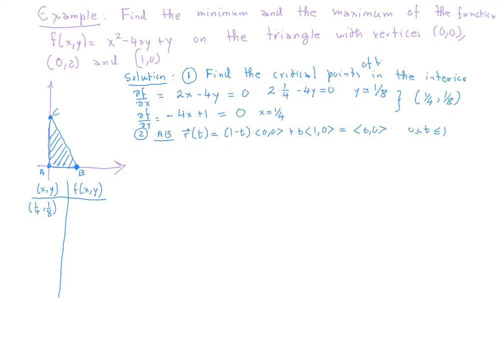And you will see that it will become pretty much our bread and butter when we work with such situations. So now what we're going to do is define the function g of t equals f of r of t, which allows us to find all the outputs of the function f on the segment AB by describing them through one variable. So when we do that, we will have f of (t, 0), and this composite will become t squared.